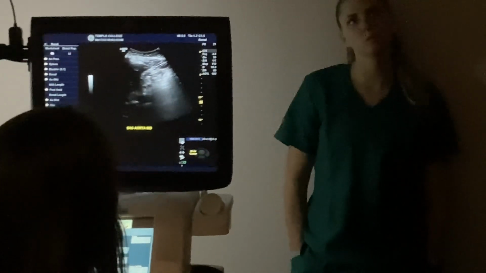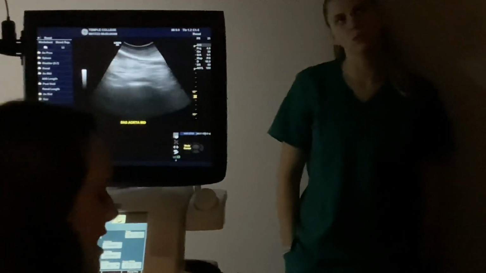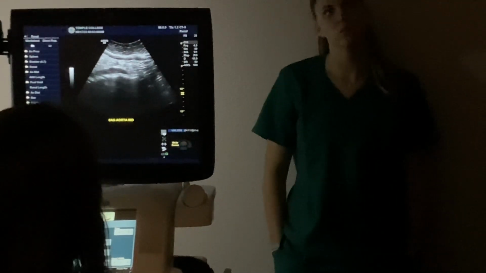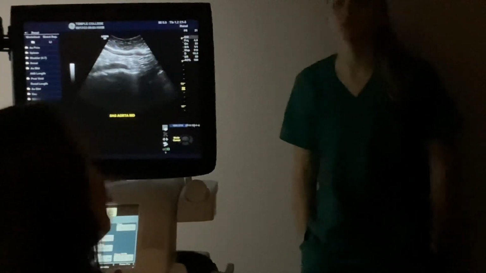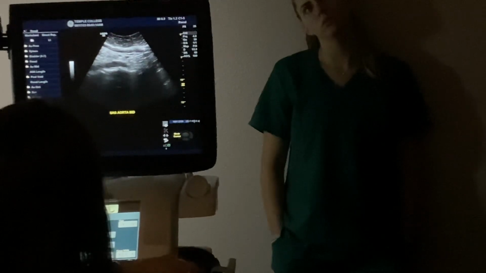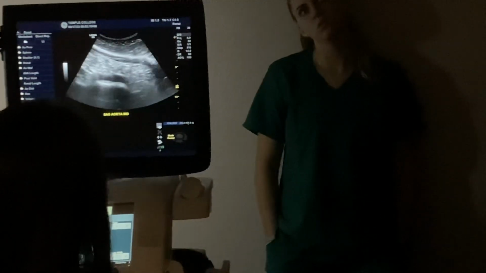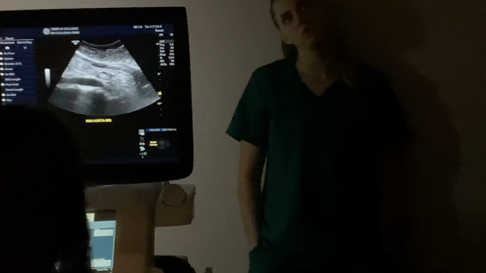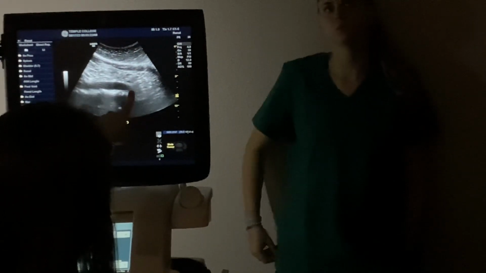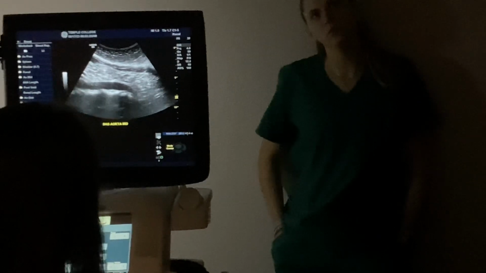So like, yeah, that's prox, but if I come all the way down to the distal, do you see how far away it looks on the screen? So you'll hear me say a lot of times too, it's so far away. Why is the kidney so far away? I need you to decrease your depth, is what that means. So distal aorta, same thing. It's going to have a taper here because this is where it bifurcates into the iliacs.